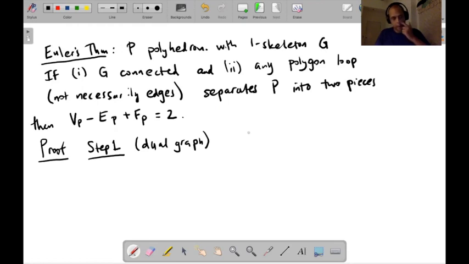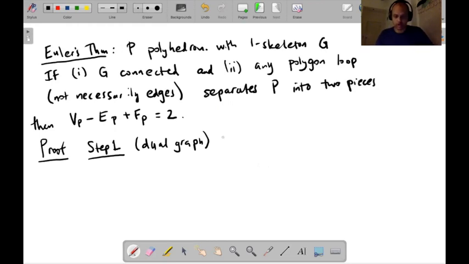We're given this polyhedron and it has these 2 properties, and our ultimate goal is to compute v minus e plus f for the polyhedron and show that it's 2. So we need to get a handle on the polyhedron, and we're going to do that using graphs.